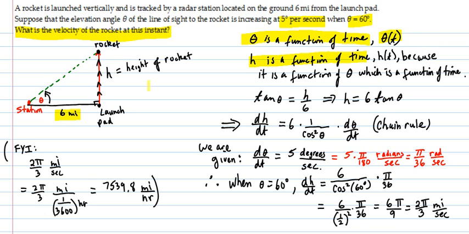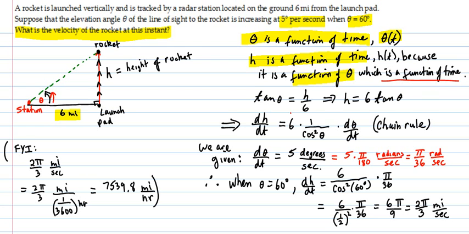The height of the rocket is a function of the angle. So the bigger this angle is, the higher the rocket was. And theta itself is a function of time. So we have a chain rule situation here.